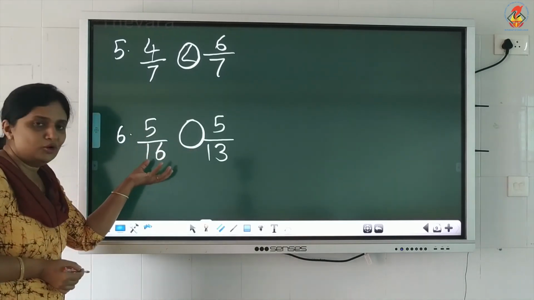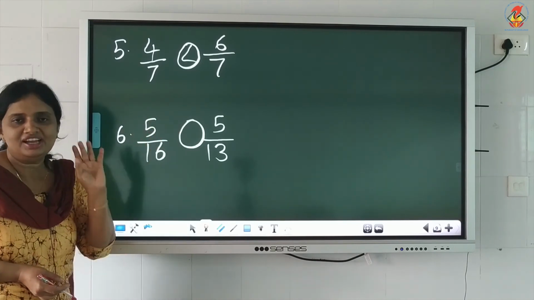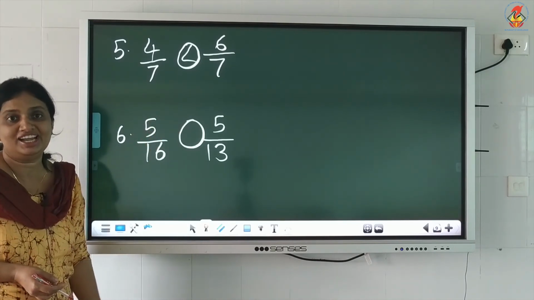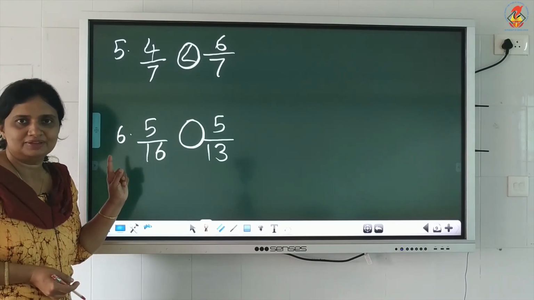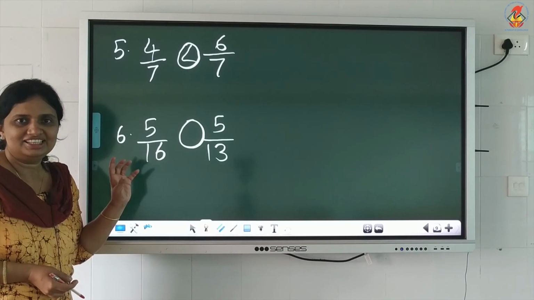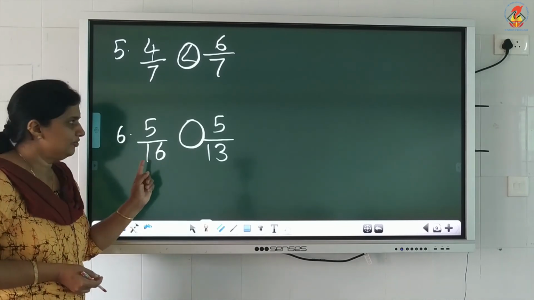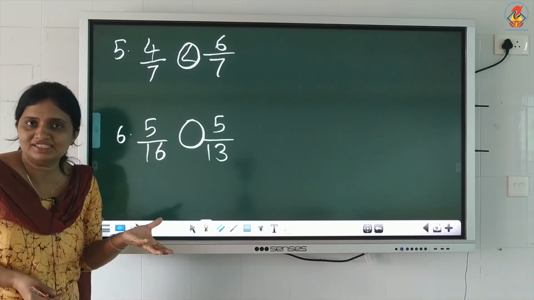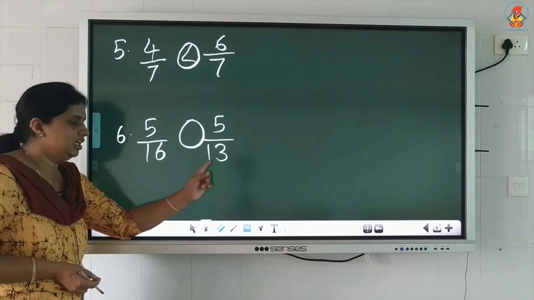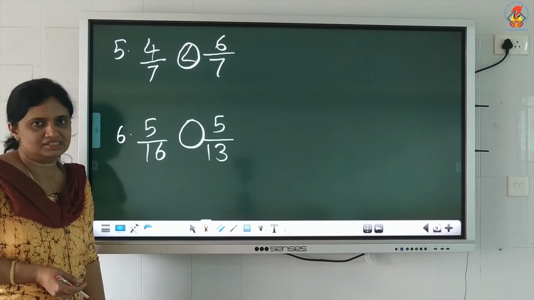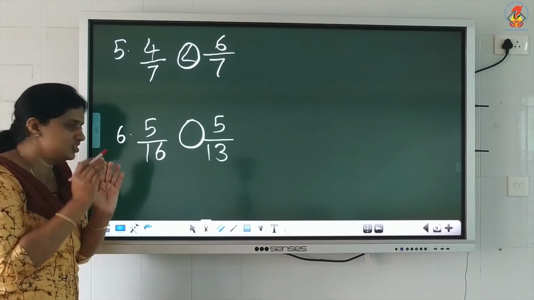Here the denominators are different, but the numerators are the same. In that case, what do we need to compare? I taught you in the second question on the first page, right? The denominators are different, but the numerators are the same. In that case, we need to compare the denominators. The fraction with the greater denominator is the smaller fraction.